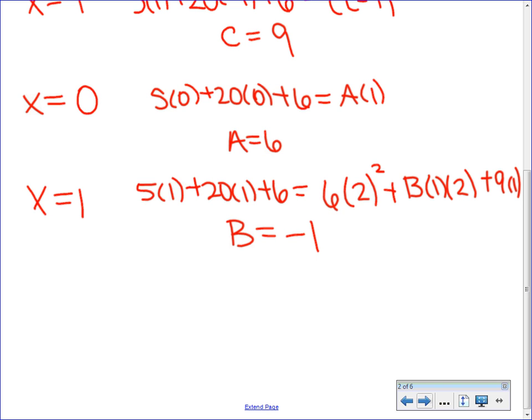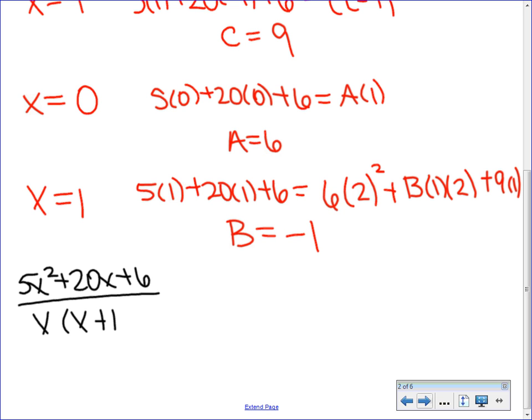Okay, all right, so now that we have all of our variables figured out, we're going to go back and actually write the decomposition. We originally started with 5x squared plus 20x plus 6 over x times x plus 1, the quantity squared.